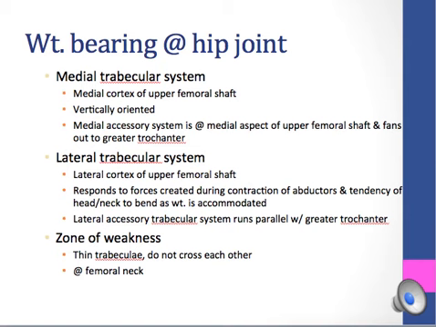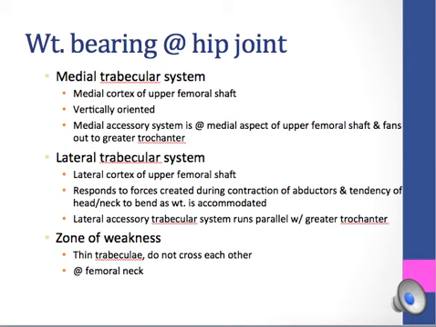And then the lateral one is that lateral cortex, and it responds to all the forces with the contraction of the abductors, and it has a tendency of really that head and the neck to bend with weight as weight bearing is accommodated. And so we start to see that they're within the trabecular system, so the medial, lateral, and then we have that specific zone of weakness.